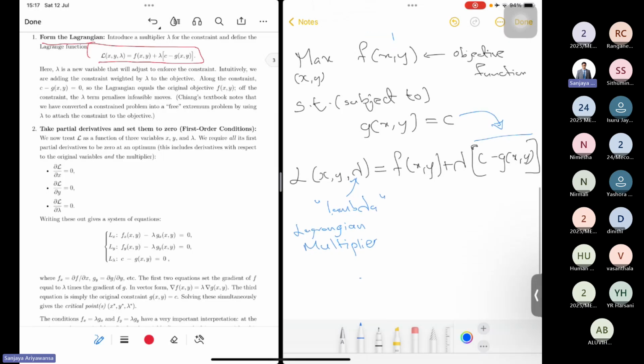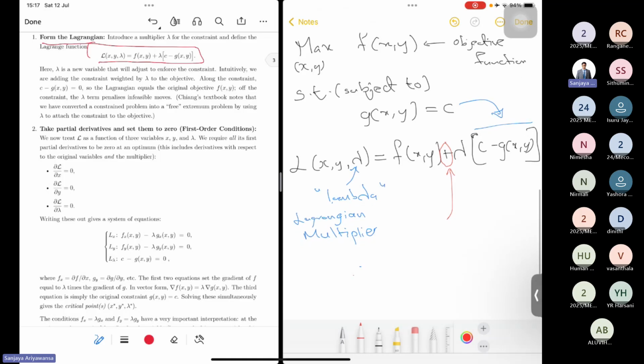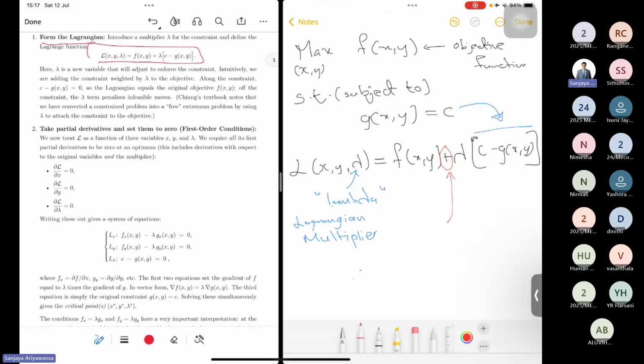Now, some people get a little confused and make mistakes in the sign over here. Sometimes you use plus, sometimes you use minus, and people ask, when do you use plus and when do you use minus? Stick to one and be consistent. In this case, I have used the plus sign.